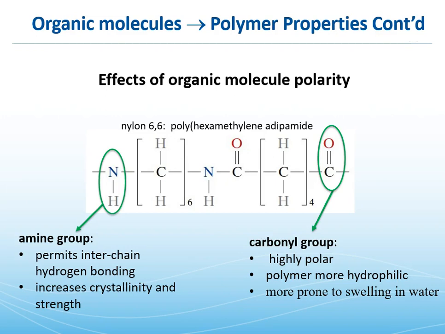Carbonyl group, on the other hand, has an oxygen with a double bond, and compared to carbon, it's pretty electronegative. So it's going to hold on to more than its fair share of the bonds. Even though it's a covalent bond, it's not totally equal sharing.